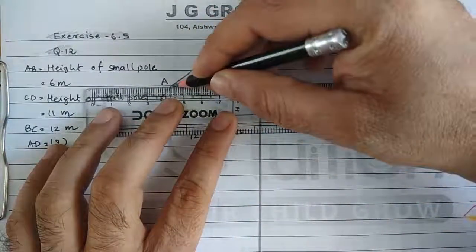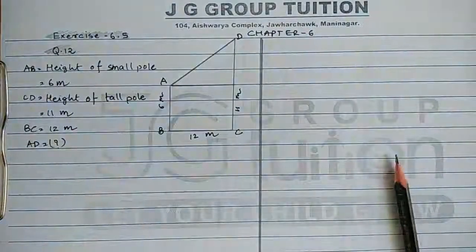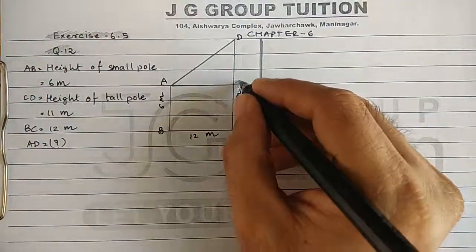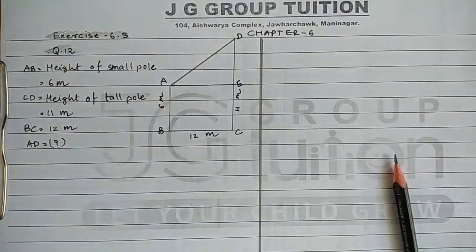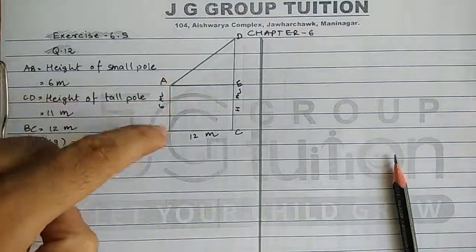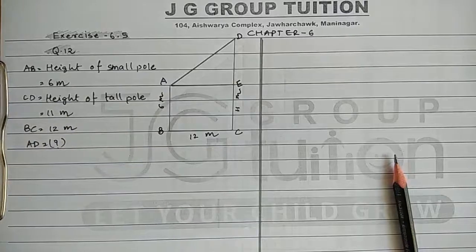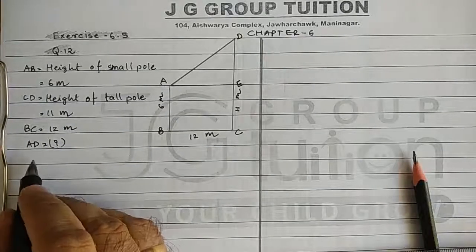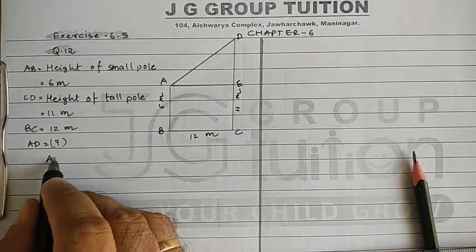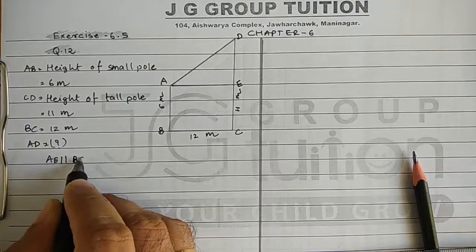If I join this and give this point E, we can say that ABCE becomes a rectangle. So when I join AE, it is parallel to BC.